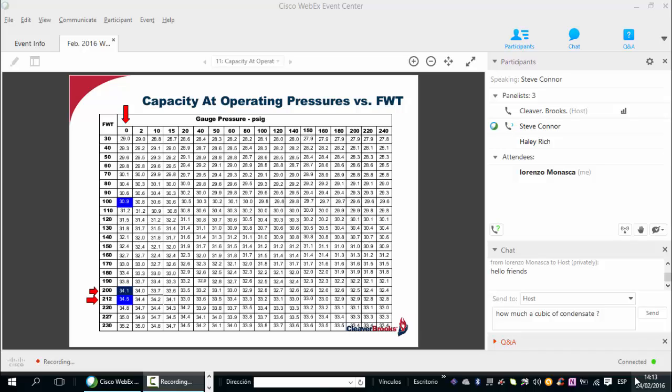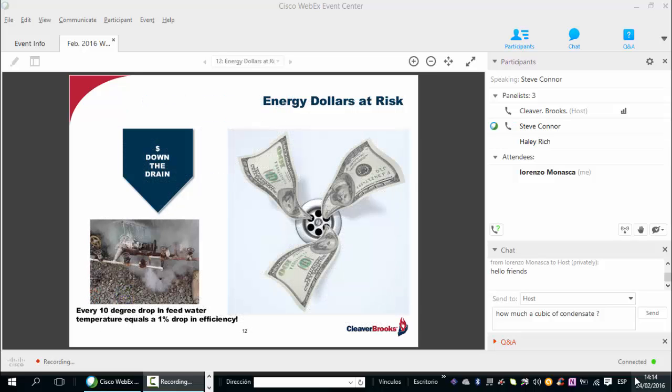So feed water temperature becomes very important, not just for saving energy by returning condensate, but for making the rated capacity and matching the required load as well. The other thing that you need to keep in mind is the rule of thumb that you can take to the bank: for every approximate 10-degree drop in feed water temperature, you've lost 1% in efficiency.